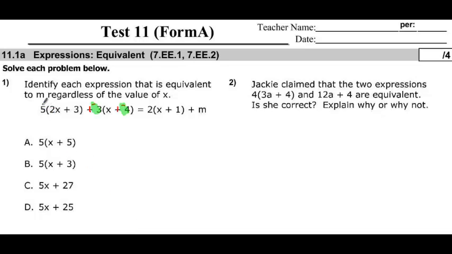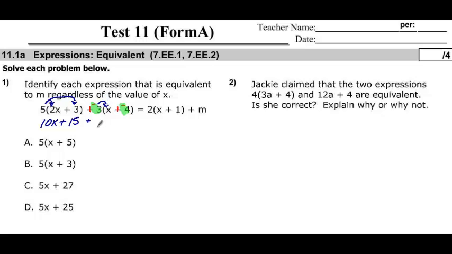So our next step is to go through and to distribute. So 5 times 2x, 10x, plus 5 times 3, 15. Let me put my arrows in here to distribute. Now I'm going to go and distribute on this side.